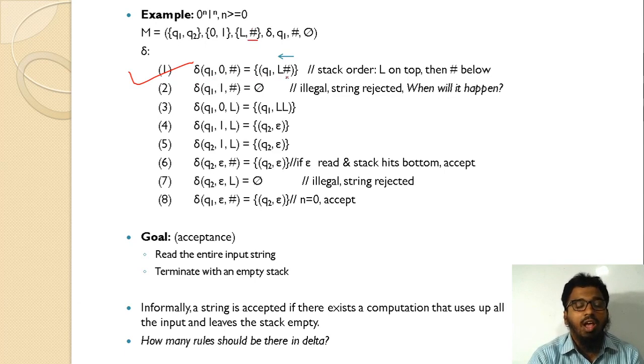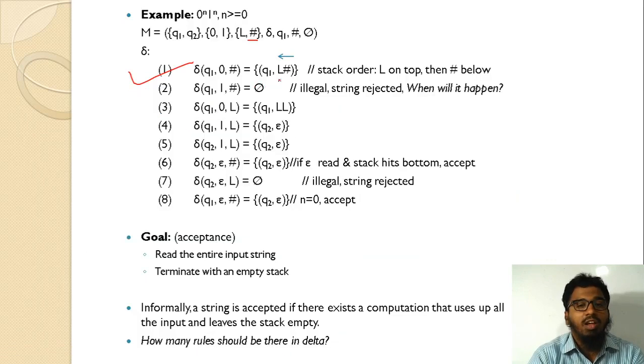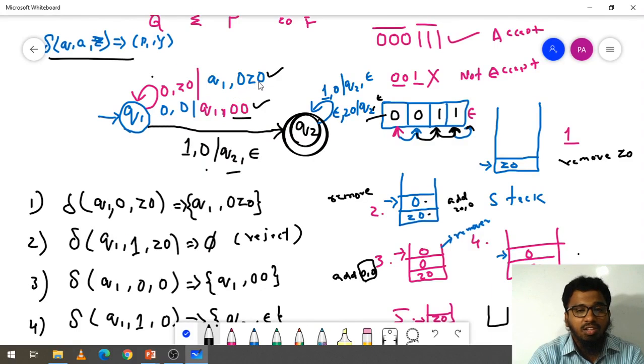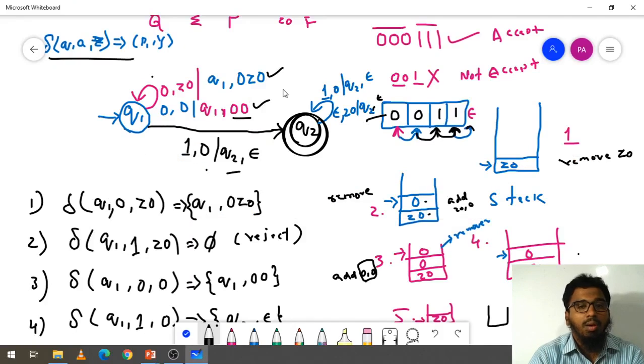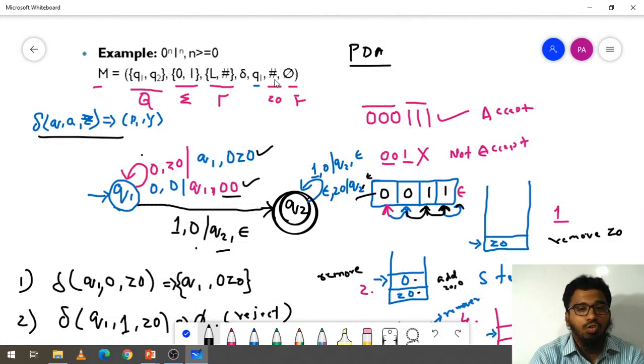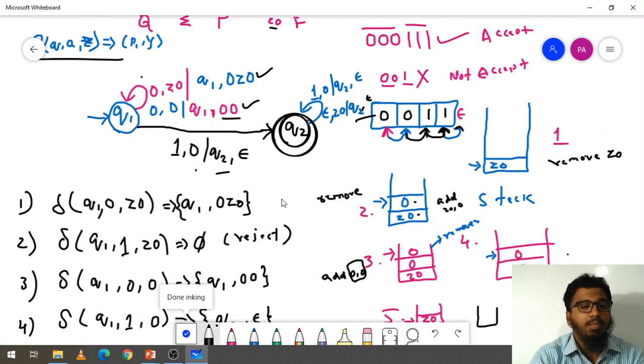Okay, q1 l hash. So here what we have taken, 0 hash l hash, means z0, in place of z0 it is considering the hash. But because of that, I only showed you in place of hash we will consider z0, for easy understanding purpose.